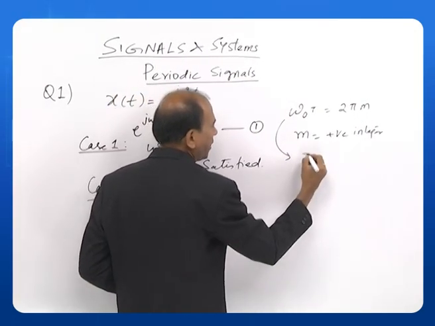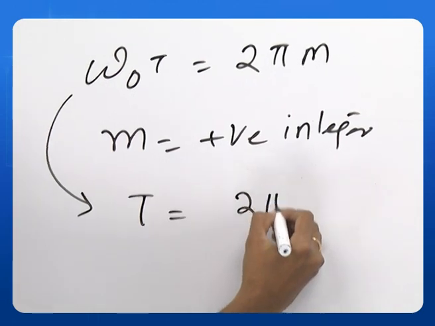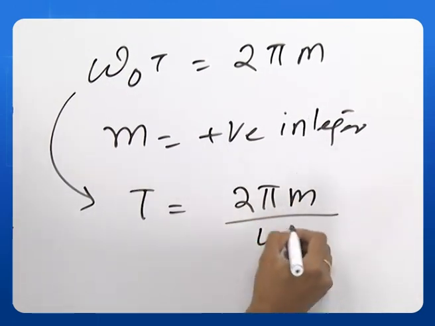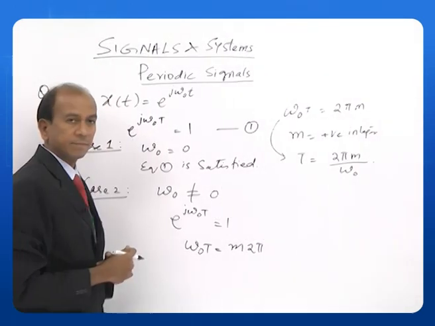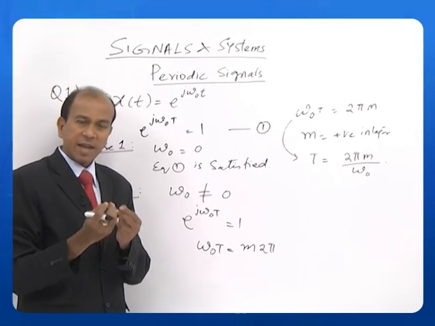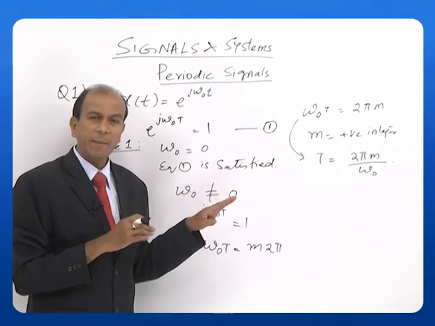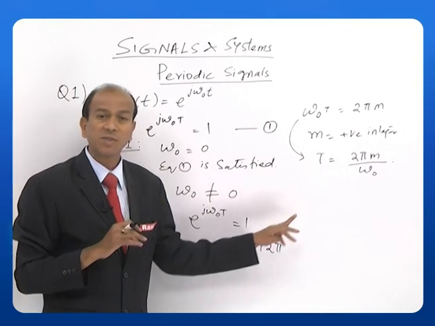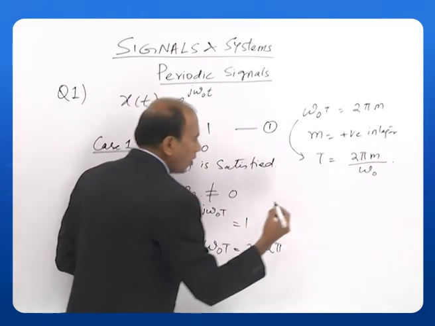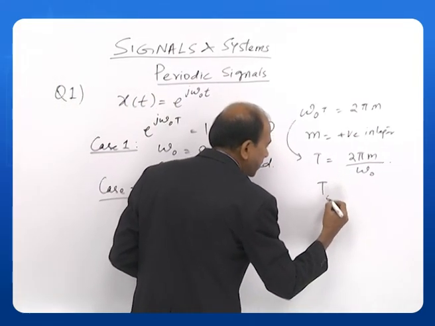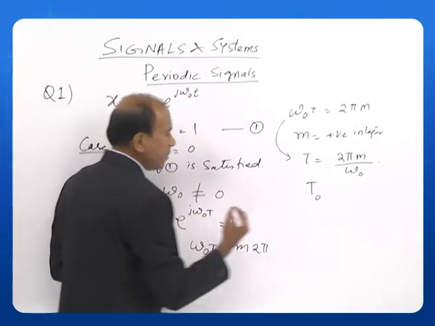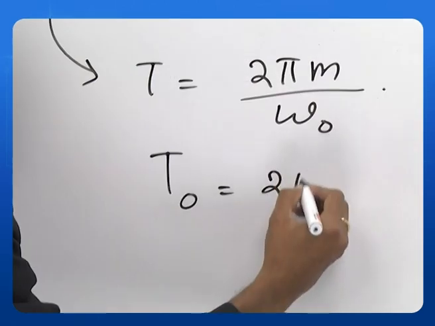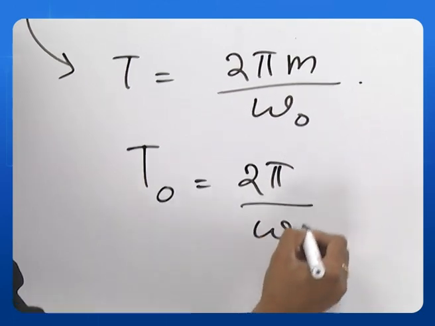From this I can calculate t is equal to 2 pi m by omega naught. Now, how do I get the fundamental period? I will get the fundamental period when m is equal to 1. So, the fundamental period will be represented by letter t naught. That will be equal to 2 pi by omega naught.